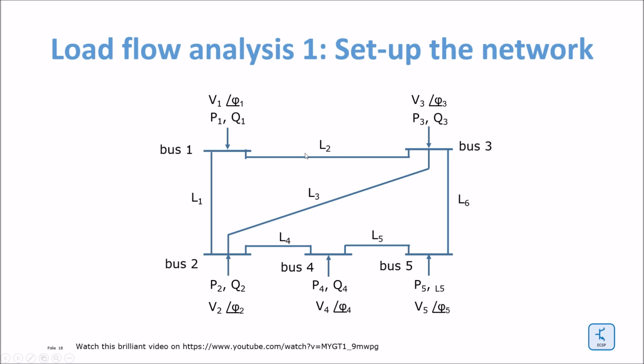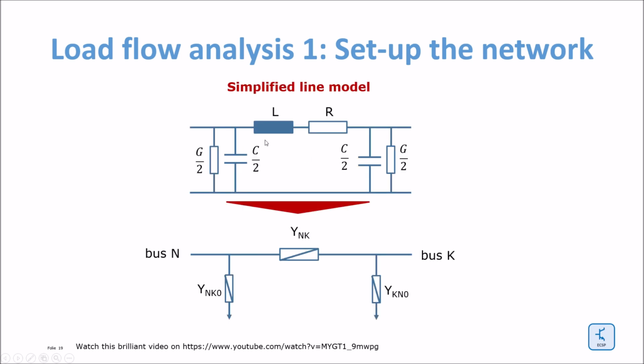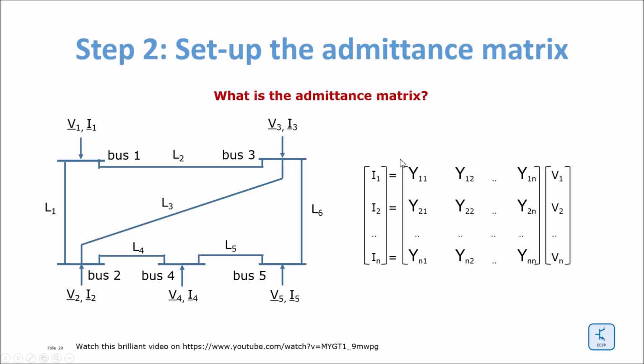For the lines we will use a simplified model, so we will have the series reactance and the series resistance, and on both line ends we just take half of the line capacitance and half of the line conductance, and we will basically present it as follows. So this part is equal to this admittance here, this part is equal to this admittance here, and here we have these two elements.